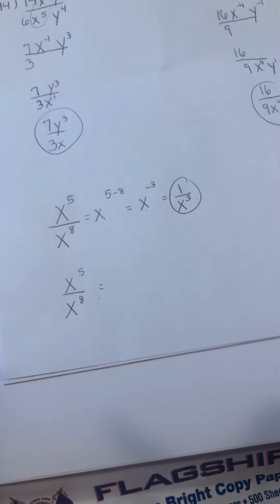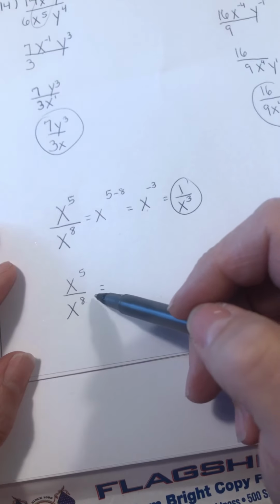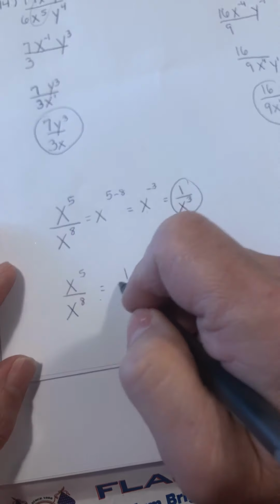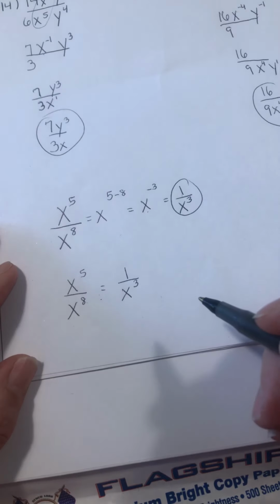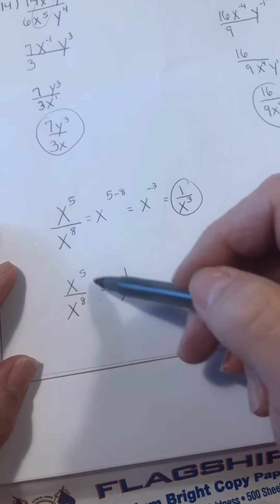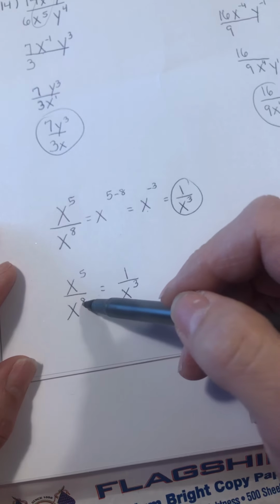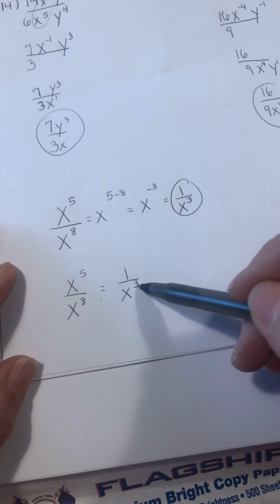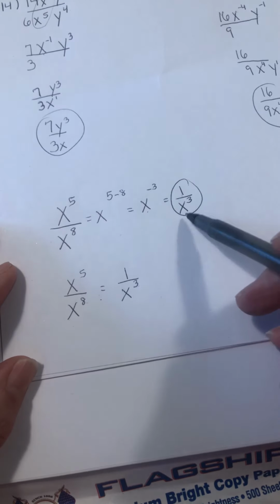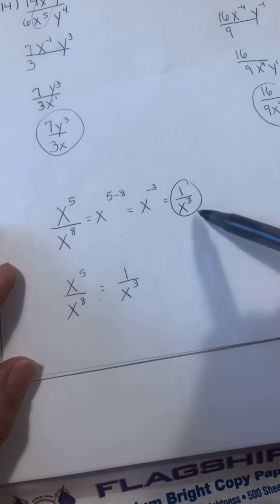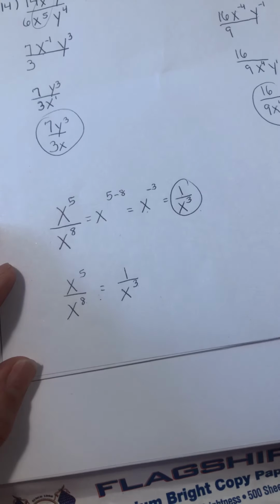So if I think about maybe calling this the more rule, okay? 8 is more than 5, and so that is where my variable and the exponent are going to go. I know that the difference between 5 and 8 is 3. I know this one is higher, so I'm going to be thinking about this as being 1 over x cubed. It's kind of like a little bit of a shortcut. You can still do it this way. You can think about it as a shortcut.